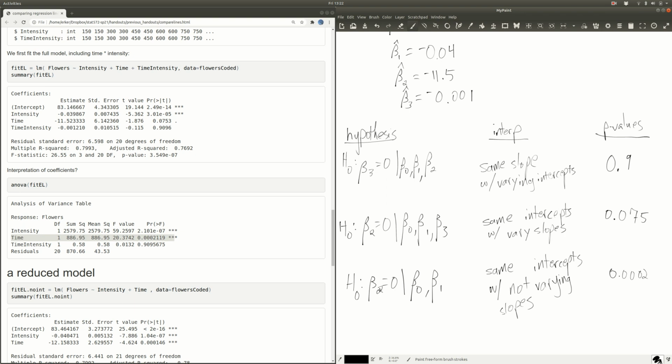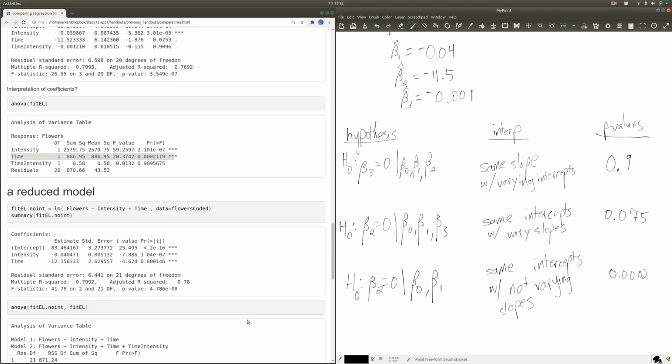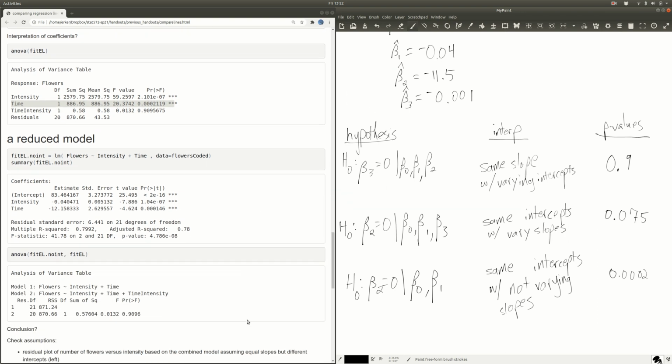So you can also construct these tests using the additional sums of squares, where you fit the reduced and the full model and then call Anova on them to test for differences.